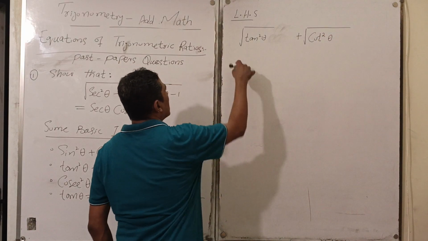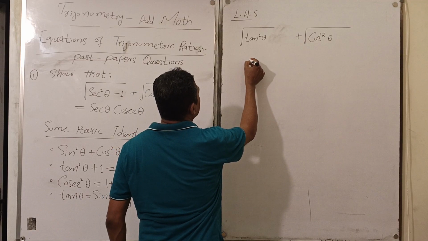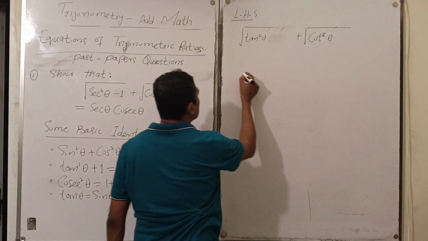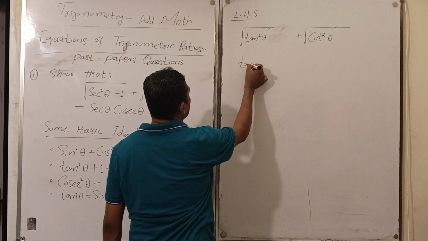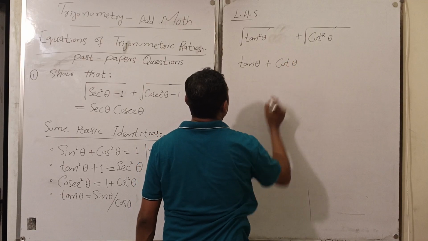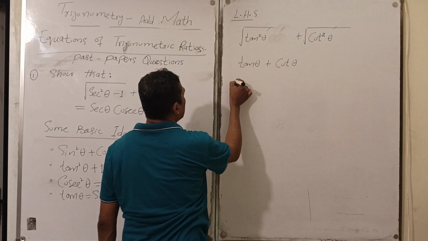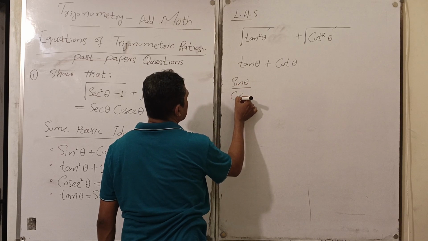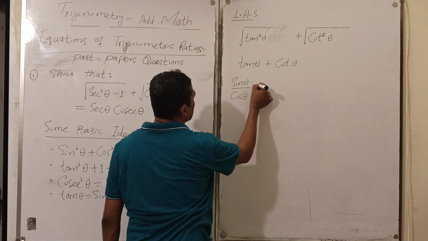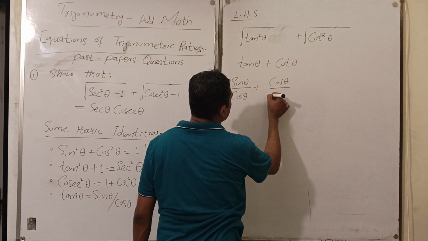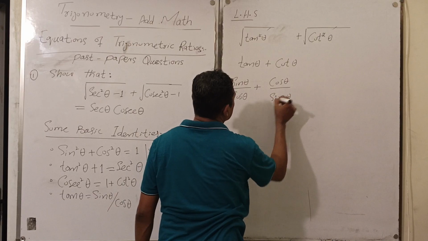So can I remove the square? Yes. So this one is tan theta plus cot theta. Tan theta is sin theta over cos theta, plus cos theta over sin theta.